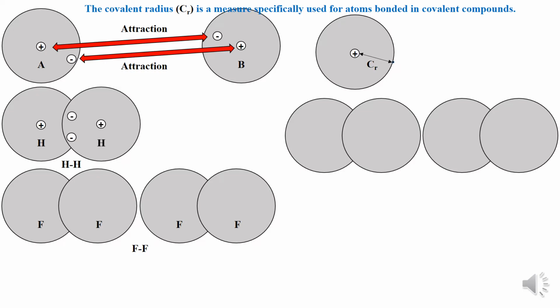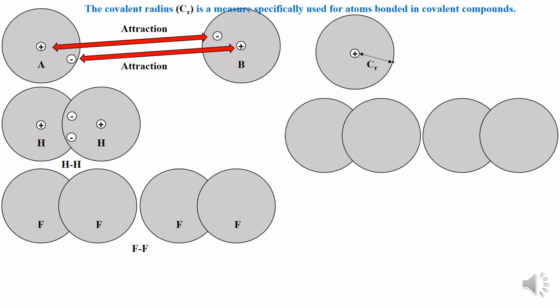So here, for example, the two hydrogen atoms come close together. A covalent bond is formed between them by mutual sharing of electron pair. So the probability of finding the shared pair of bonding valence electrons between the two nuclei is more.